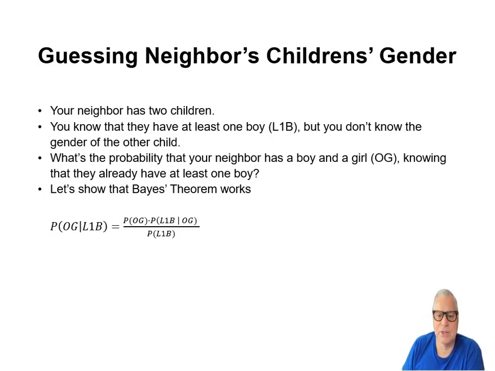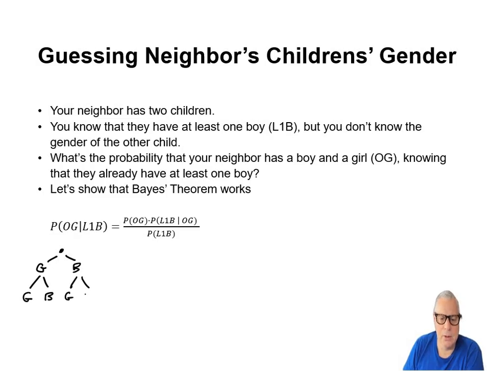Okay, so let's figure out what the probability of having at least one boy is. So let's say your neighbor has two children. The first child could be a girl or a boy, and the second child could be a girl or a boy.